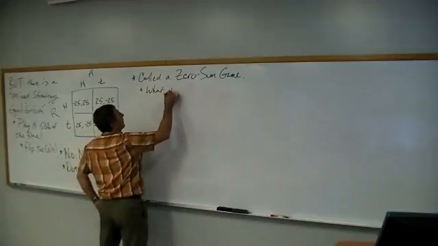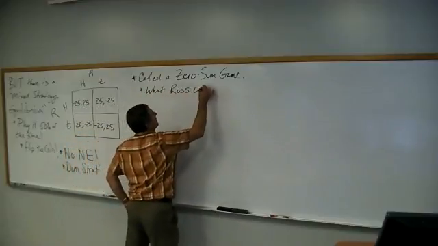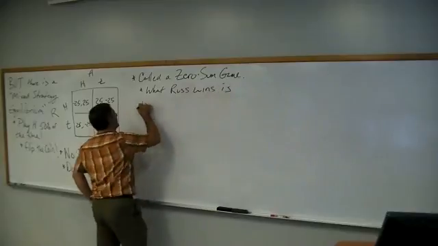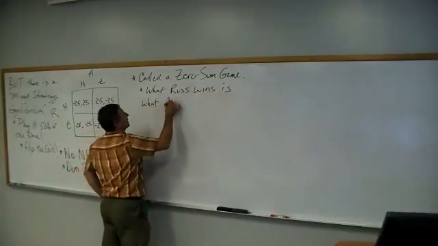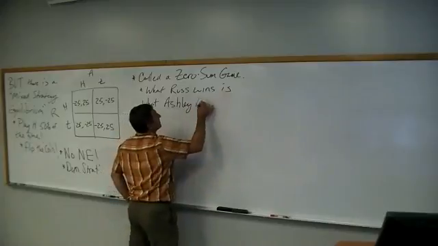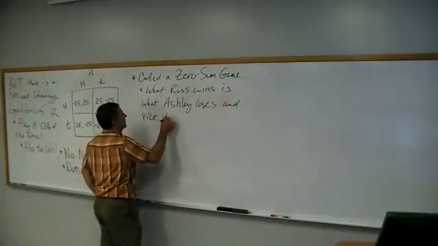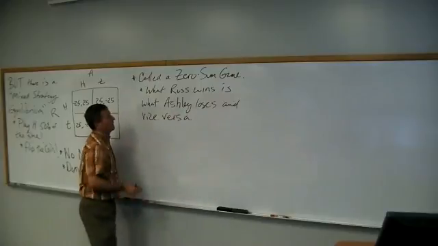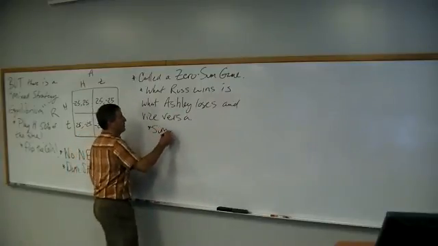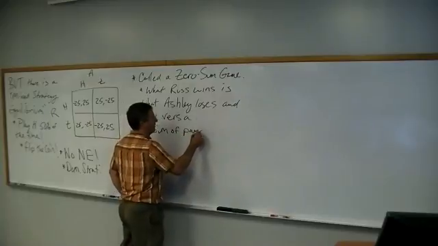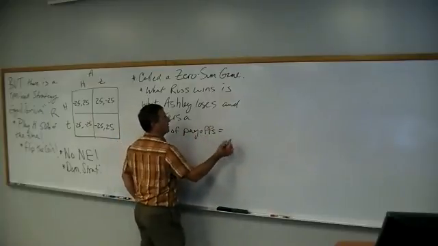What Russ wins is what Ashley loses, and vice versa, of course. The sum of the payoffs equal 0.